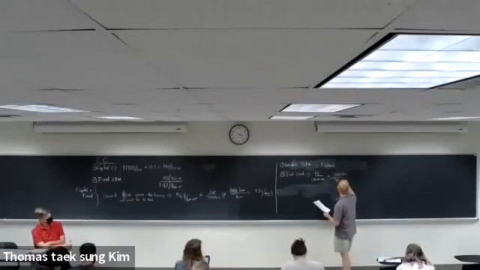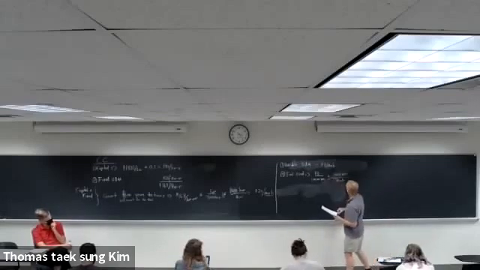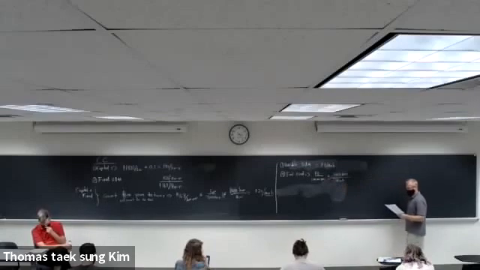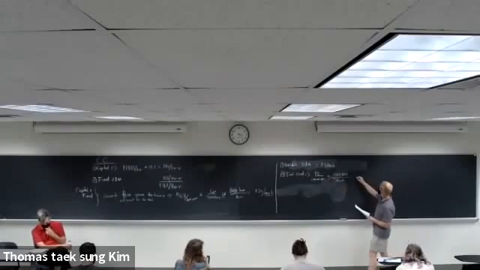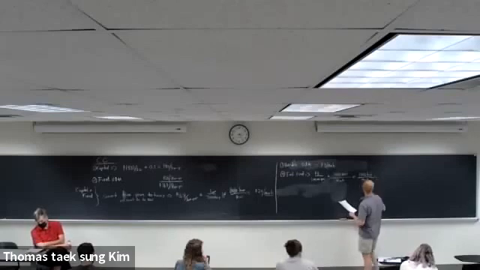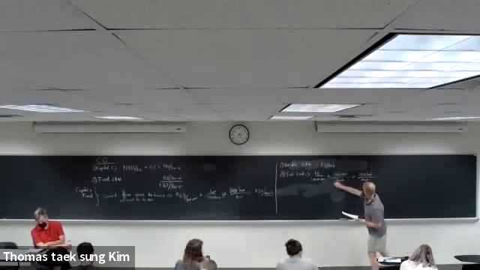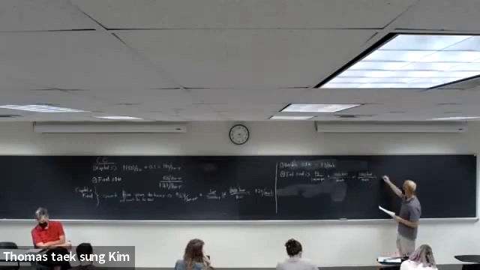You can cancel out BTUs. Then you're going to convert kilowatt hours to megawatt hours by multiplying by 1,000. Then you can cancel out the kilowatt hours and get your answer, which is 21 dollars per megawatt hour.